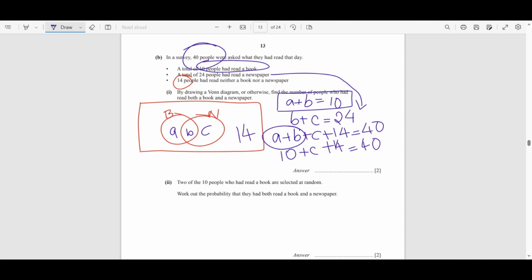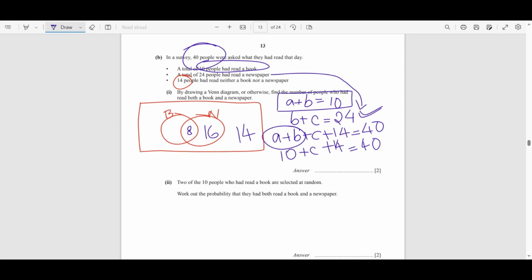Upon solving for C, we get 16. So 16 are the number of people who just read the newspaper. From equation number 2, we can easily find out the number of people who read both the newspaper and the books.